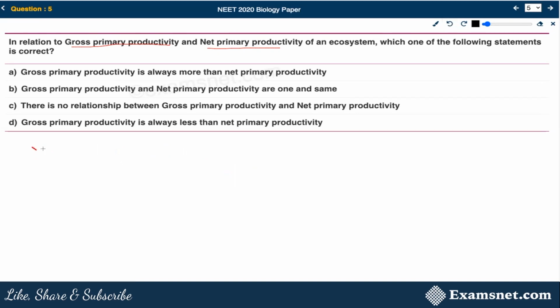The net primary productivity is equal to gross primary productivity minus respiration losses, and GPP is actually NPP plus R. This is the formula.